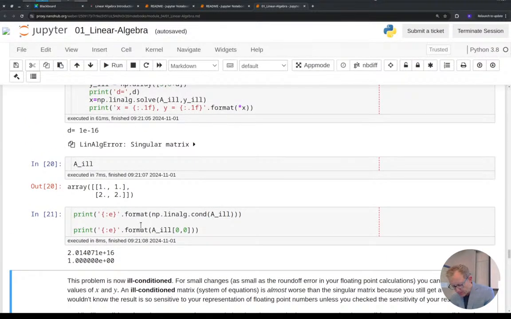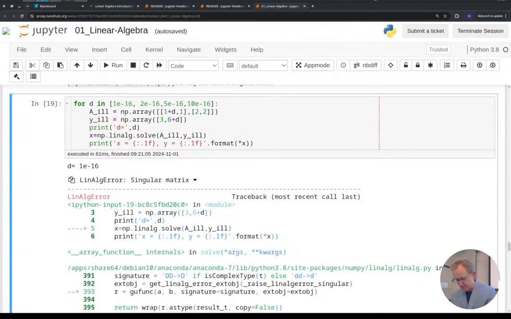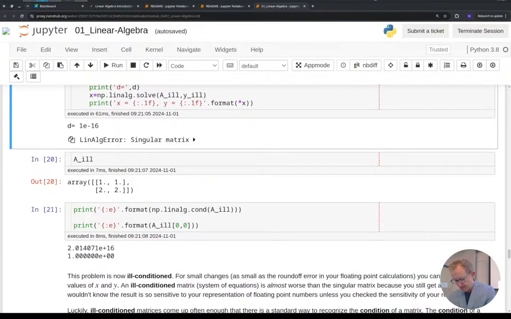When I try to add something smaller than the floating point epsilon, if d is less than that, then it doesn't actually add to that first term, so I get a singular matrix error, and the condition number is 10 to the 16 in this case. I think it could be bigger than 10 to the 16 if you get bigger matrices. So your solution is plus or minus an error range of basically 1.